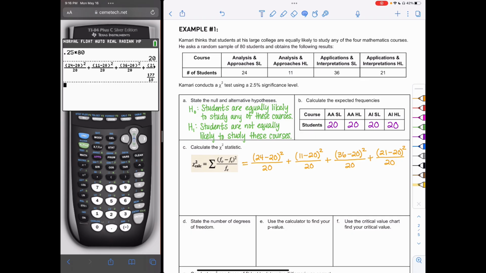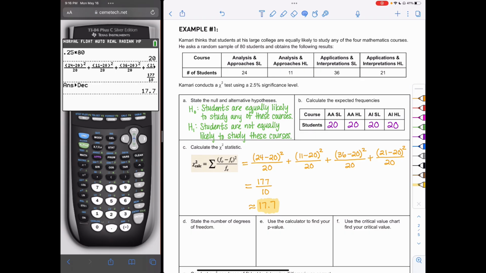And when I do that, I end up getting 177 over 10. And then if I change this to a decimal by pressing math and then going to number 2 decimal, I end up getting 17.7 approximately. That is my chi-square statistic there.